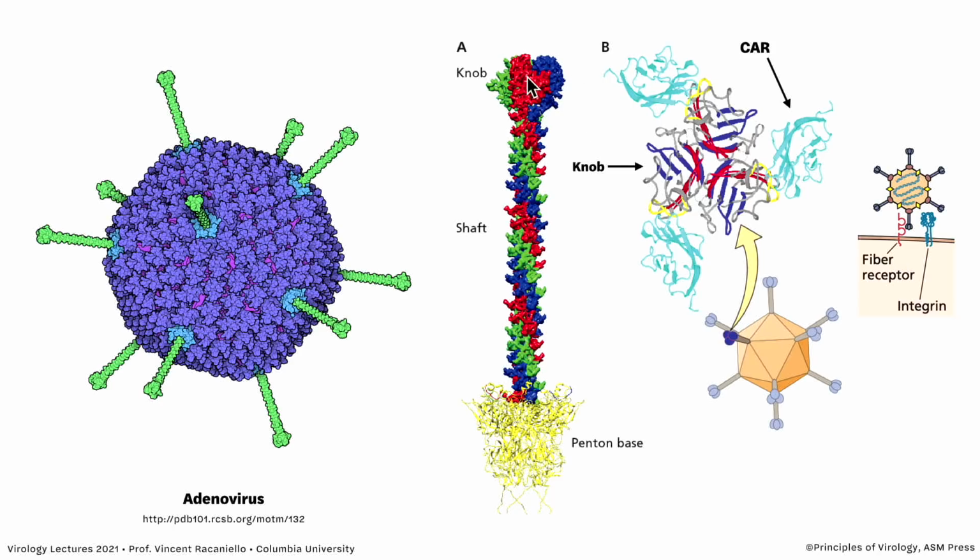So the fiber knob attaches to a protein called CAR, C-A-R, which actually stands for Coxsackie adenovirus receptor because it can be bound by other virus. And the knob of the fiber is a trimer, fits right down onto these 3 copies of CAR. And then adenovirus also binds another receptor, which we'll encounter later today.